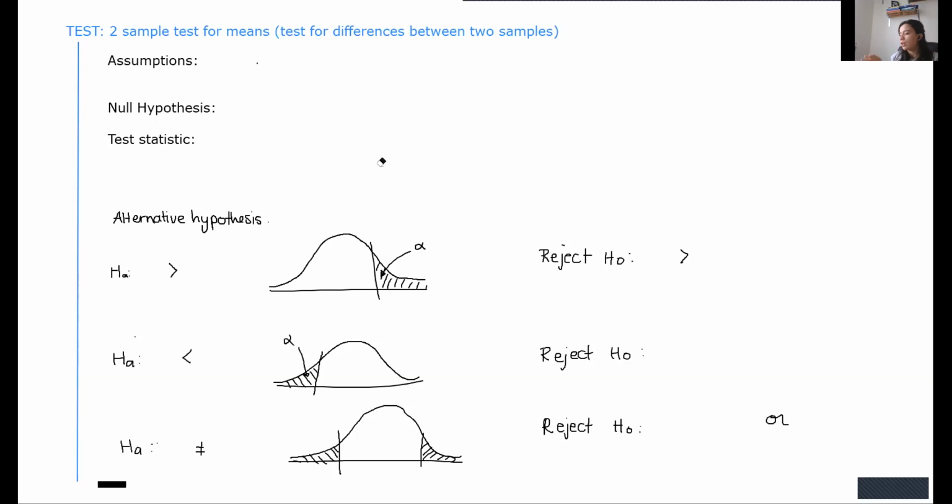You have 2 groups. One group is doing one training program and the other group is doing another training program. And then after 1 month, you're going to look at the average weight that each one of the groups can lift. So maybe you want to measure that, compare them, and then whichever group can lift a higher weight, you're going to say, okay, maybe that's the training program that is better, right? So you want to look at differences in averages between 2 groups.